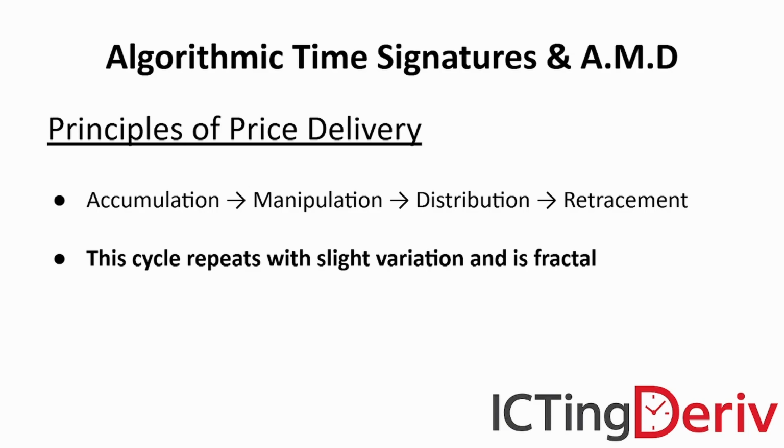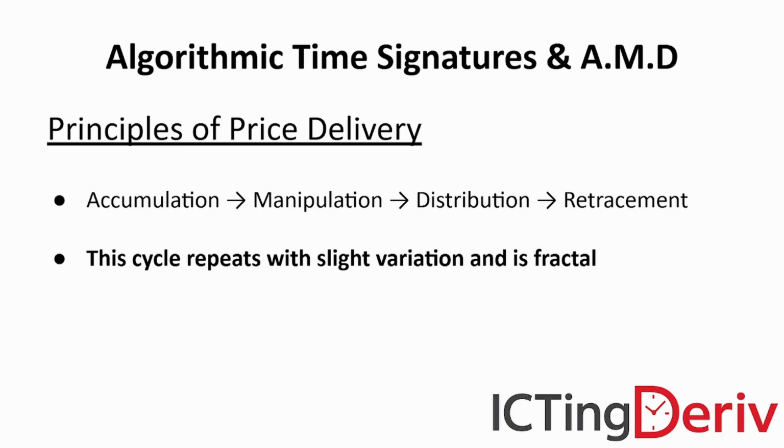Algorithmic time signatures and AMD are commonly known for this. This is something that is common in the ICT community, where we look at price delivery in terms of these cycles of accumulation, manipulation, distribution, and retracement. This cycle repeats with slight variation, and it is fractal.